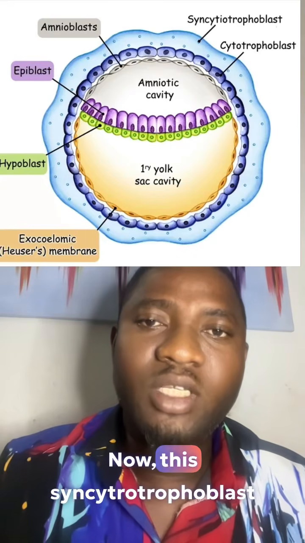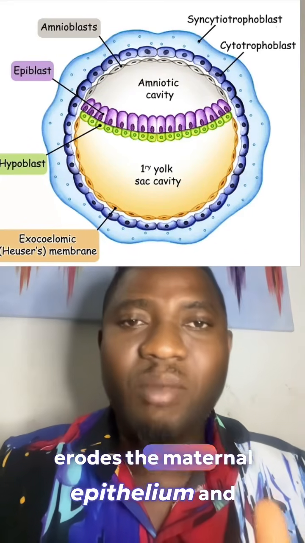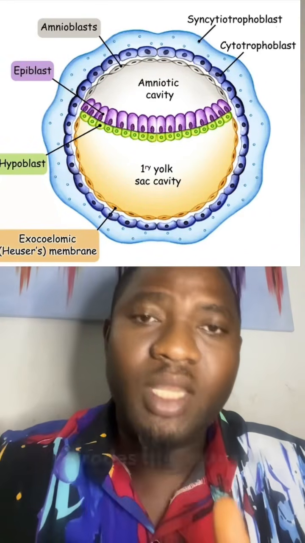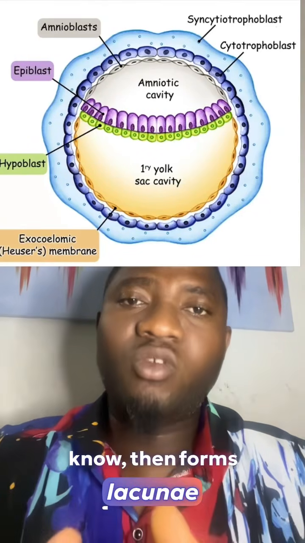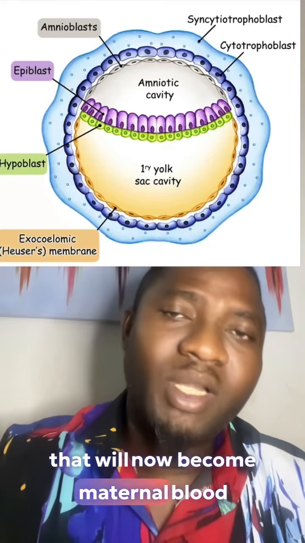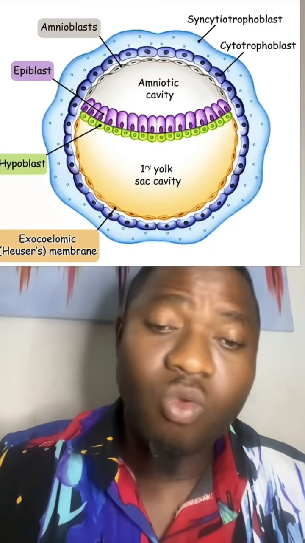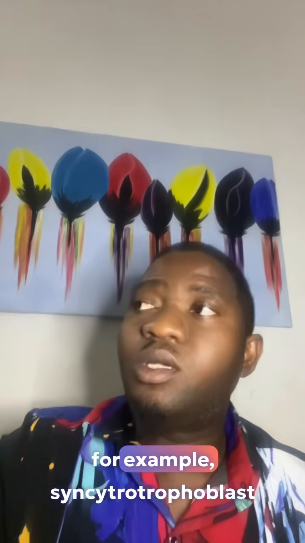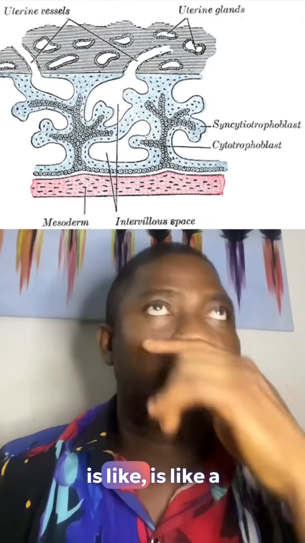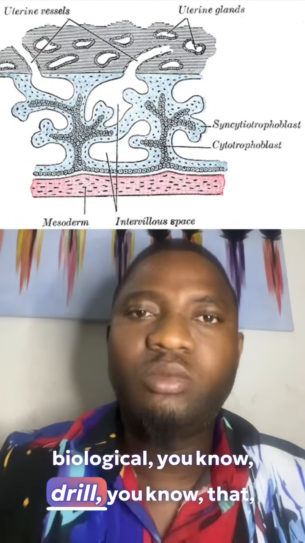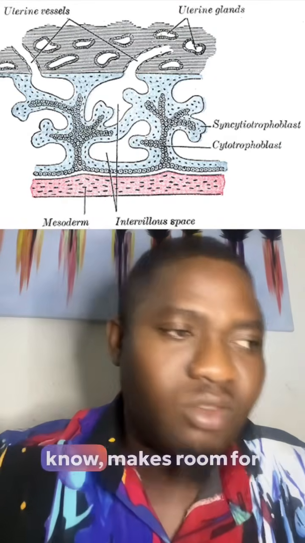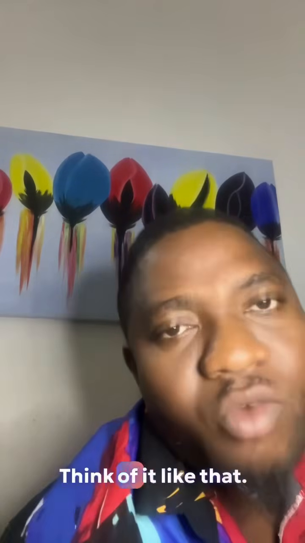The trophoblast erodes the maternal epithelium and endometrial vessels, then forms lacunae that will become maternal blood spaces. So, for example, the syncytiotrophoblast is like a biological drill that makes room for the embryo. Think of it like that.